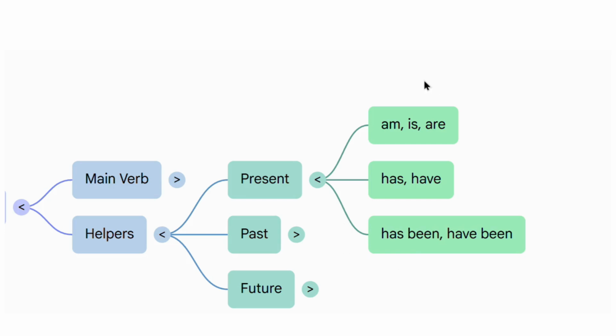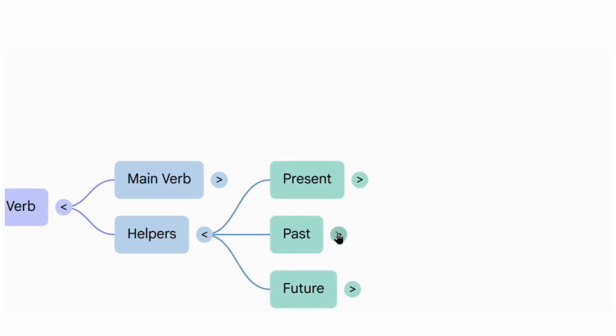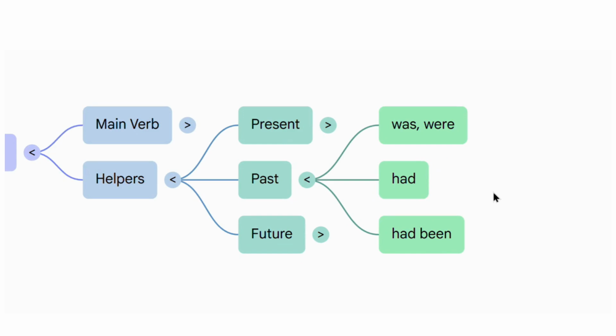In English, there are 12 tenses. There are 3 major tenses: present, past, and future. Each major tense has 4 subtypes, like simple present, present continuous, present perfect, and present perfect continuous, and in the same way for simple past. It is similar for the other two also.